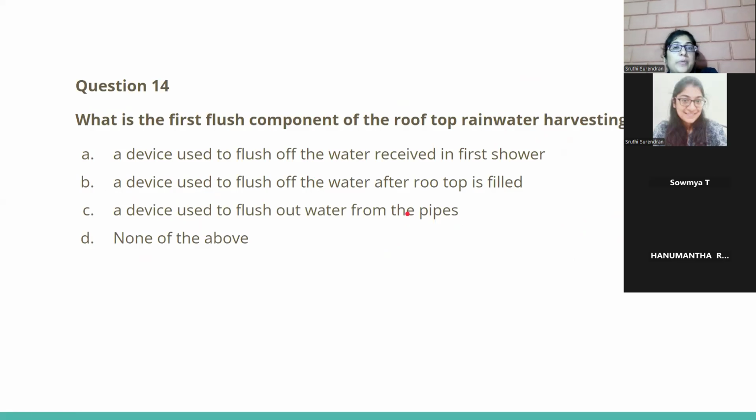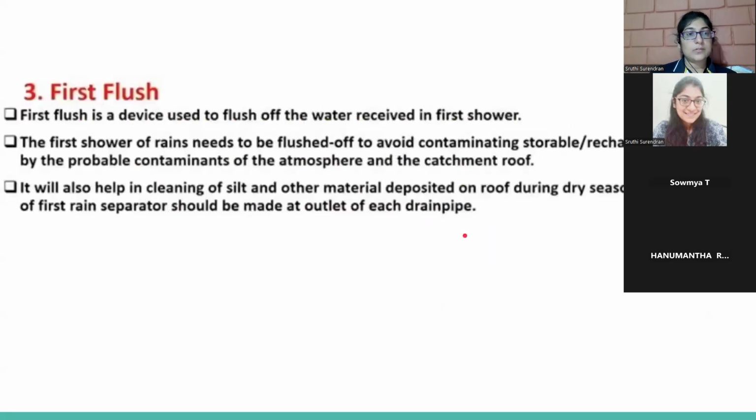Moving on, what is the first flush component of the rooftop rainwater harvesting system? Okay, so first flush we discussed: when it rains in the beginning, the first rain might be contaminated with stuff from the atmosphere.